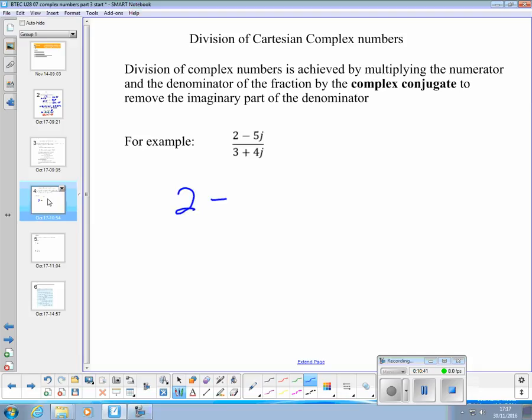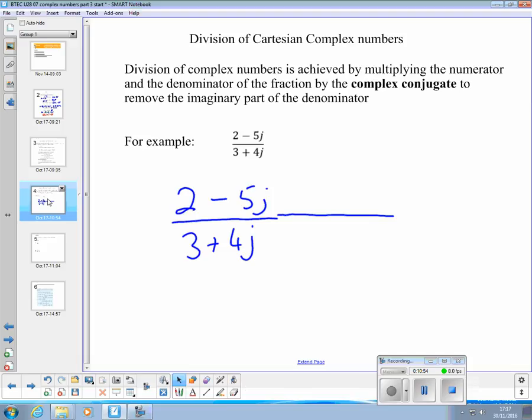We've got 2 minus 5j divided by 3 plus 4j. The technique here is, if I multiply the bottom by 3 minus 4j, I will remove the j part from the denominator.